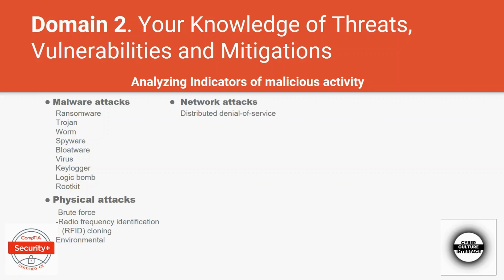Then we have network attacks. Malicious activities under network attacks include distributed denial of service, which means causing your service, device, system or network to be unavailable. Then we have the amplified DDoS, and then we have the reflected. These are different types of denial of service attacks. Then we have the domain name system attack, DNS attacks.